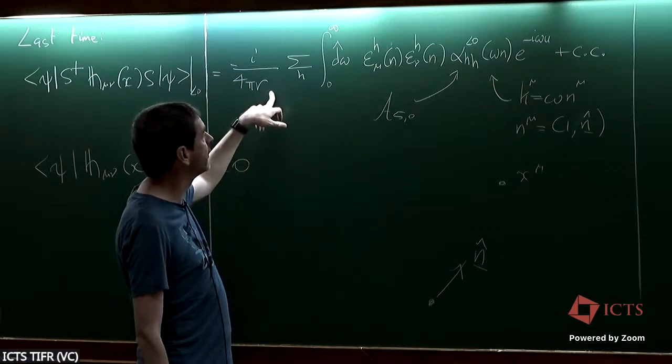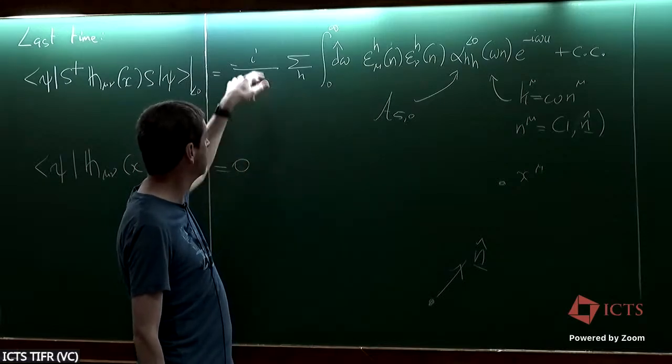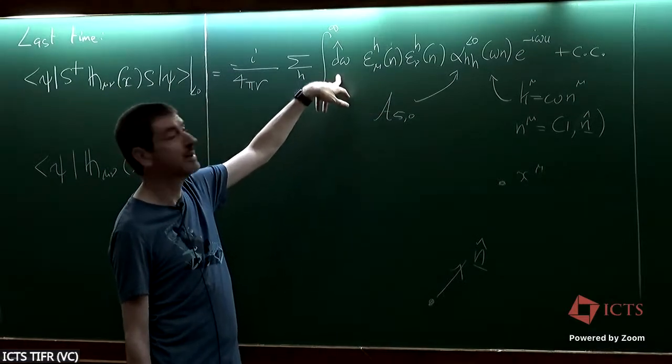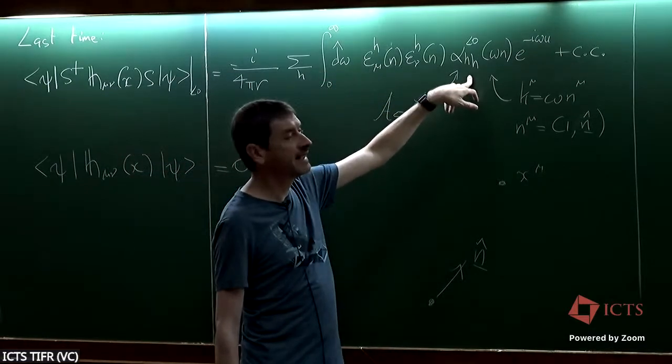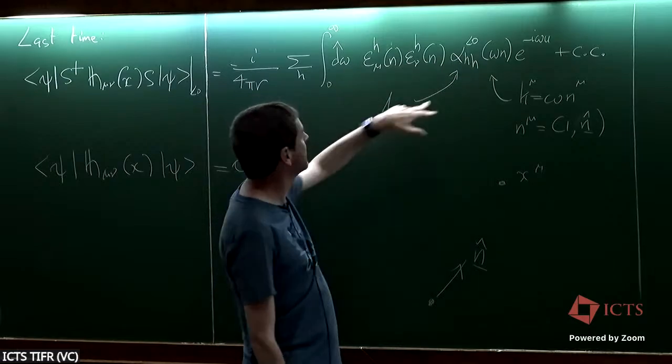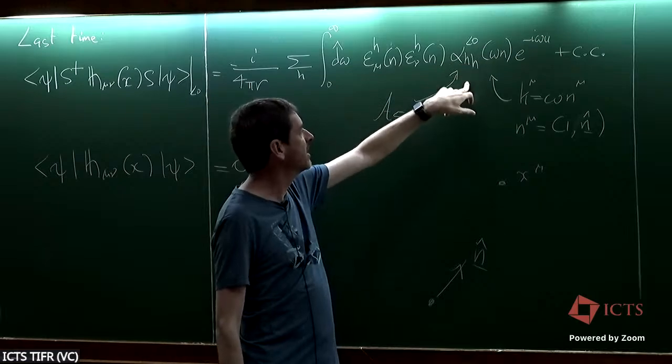So there's a 1 over 4 pi r, some factor of minus i, and just a frequency integral left to be done. The quantity, or this wave shape, I have in mind the leading order wave shape here.